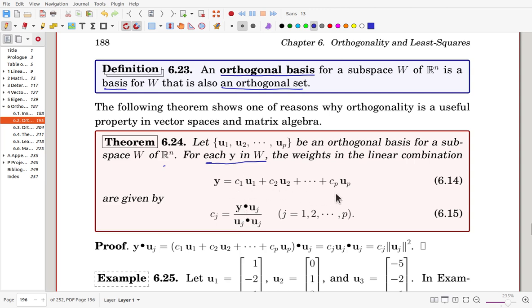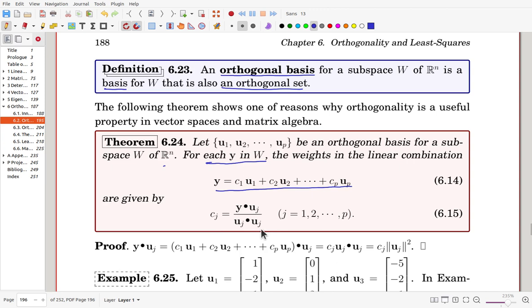Because U1, U2, ..., UP form a basis, for every vector y we can make a linear combination. This is always true. Now the coefficients can be obtained quite easily: Cj is y dot uj divided by uj dot uj.